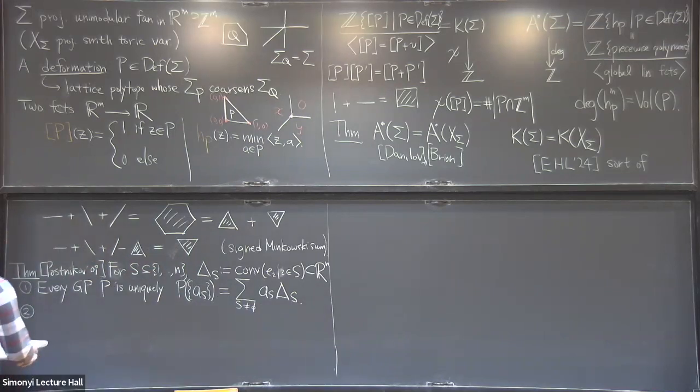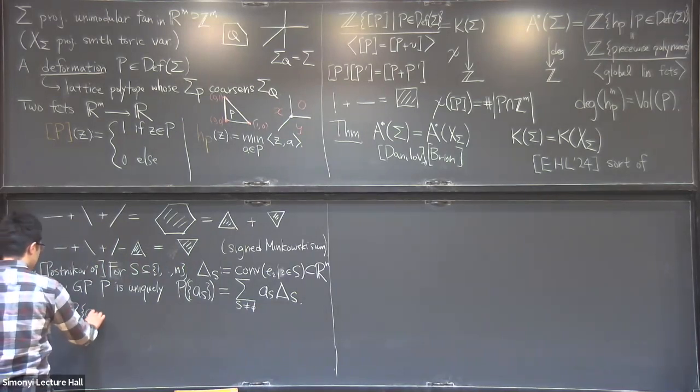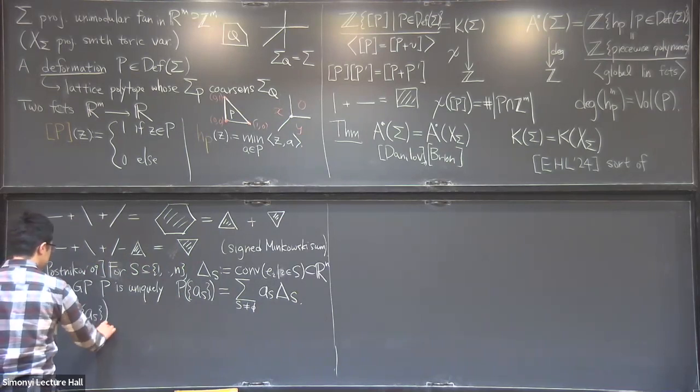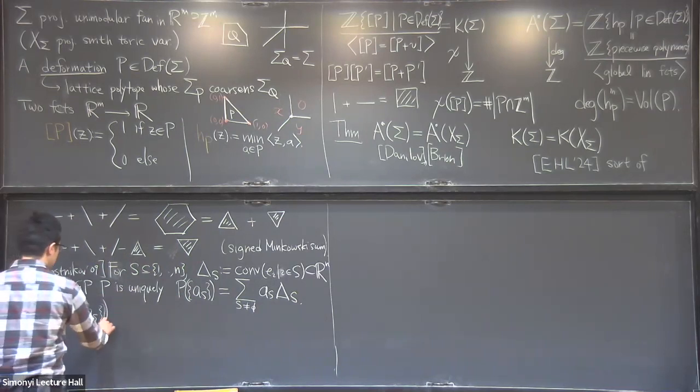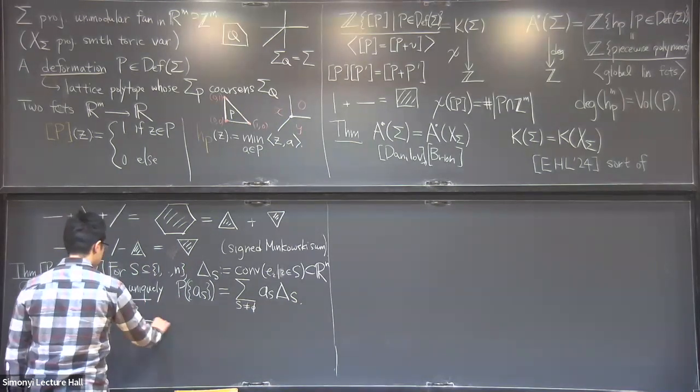Here's the second result, which is that the volume of a generalized permutahedron, given in terms of these coefficients, is equal to the following.